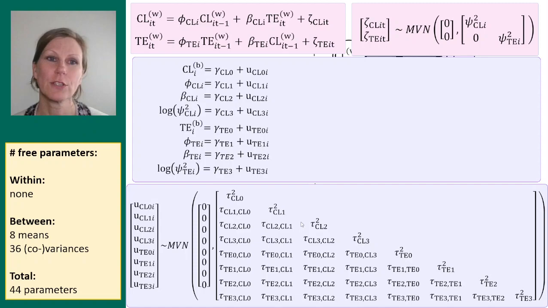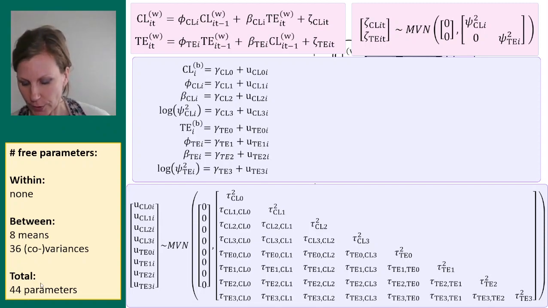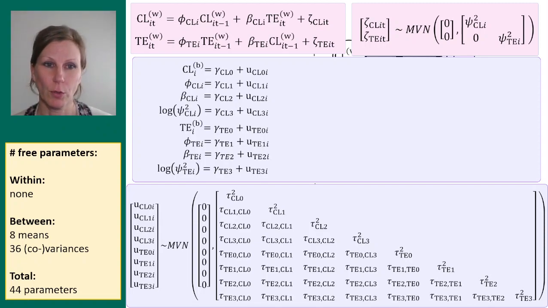So in total, in this model, we'll have 0 parameters to be estimated at the within level, and at the between level, we have 8 grand means, or 8 means for the different parameters or random effects. Then we have 36 elements in our variance covariance matrix here. So this brings the total number of free parameters for this model to 44.